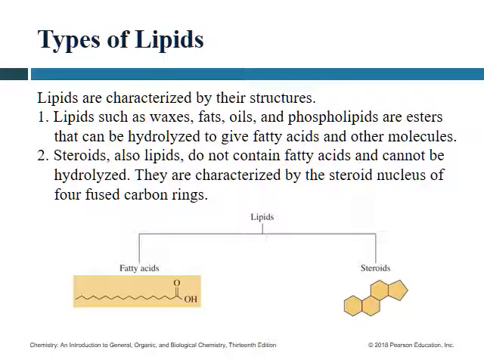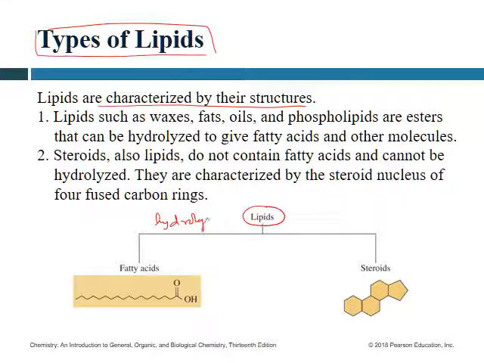Now let's talk about the types of lipid. Lipids are characterized by their structure. That means when the lipid molecule gets hydrolyzed, which type of product or structure they normally give. Some lipids, after getting hydrolyzed, meaning broken down with the help of water, release fatty acid.